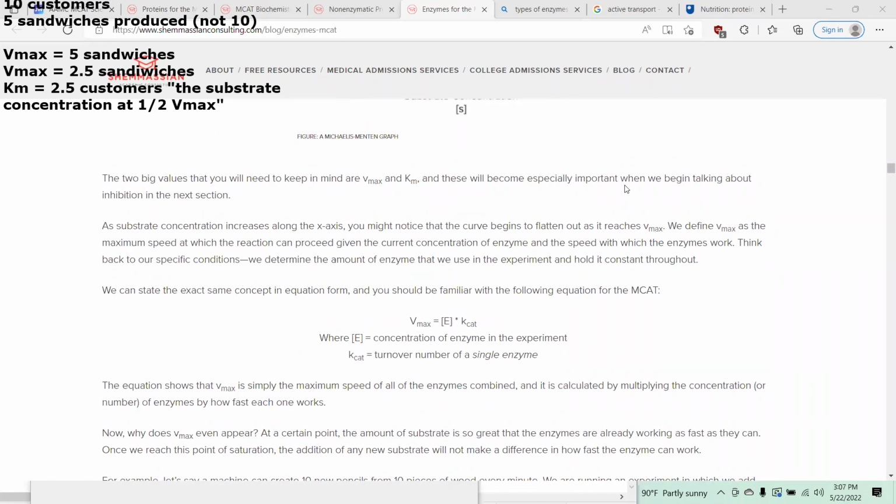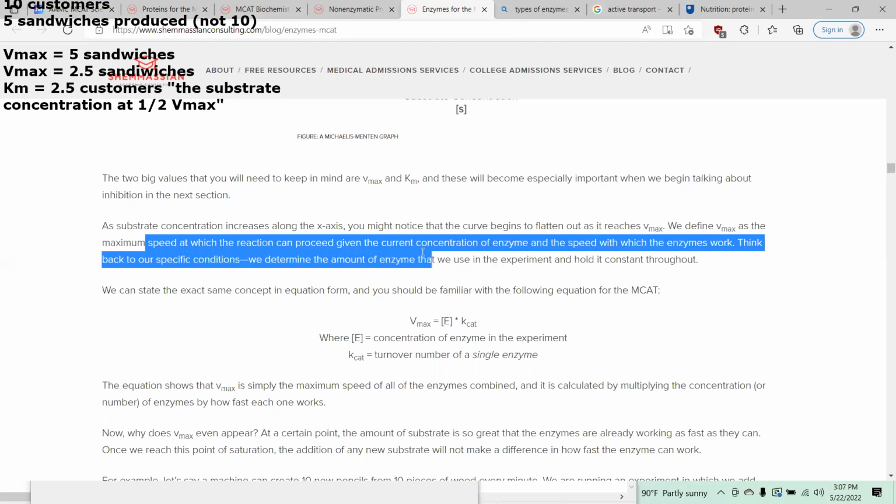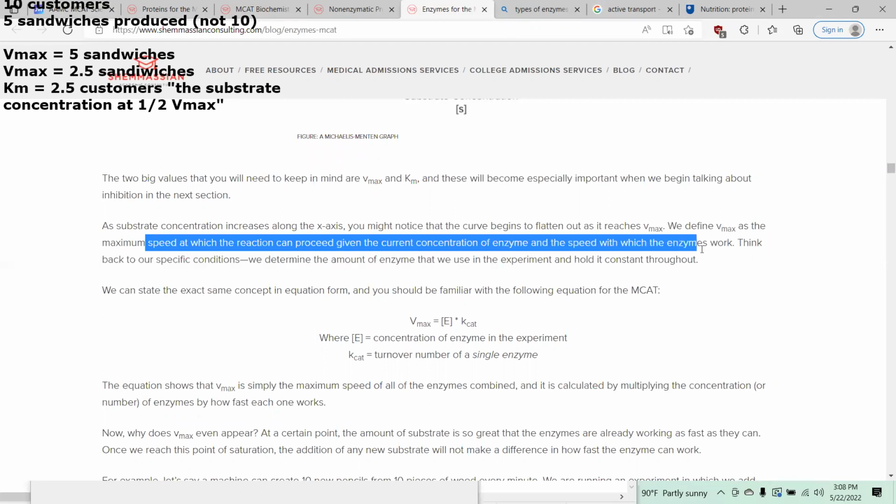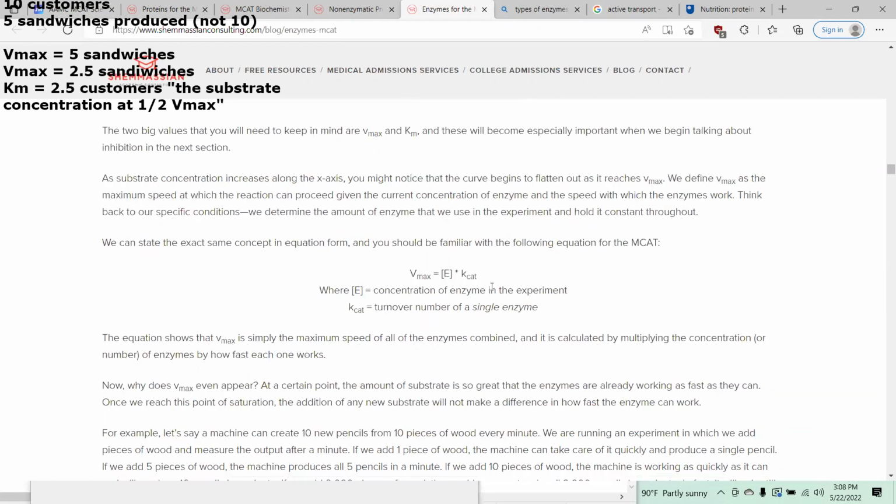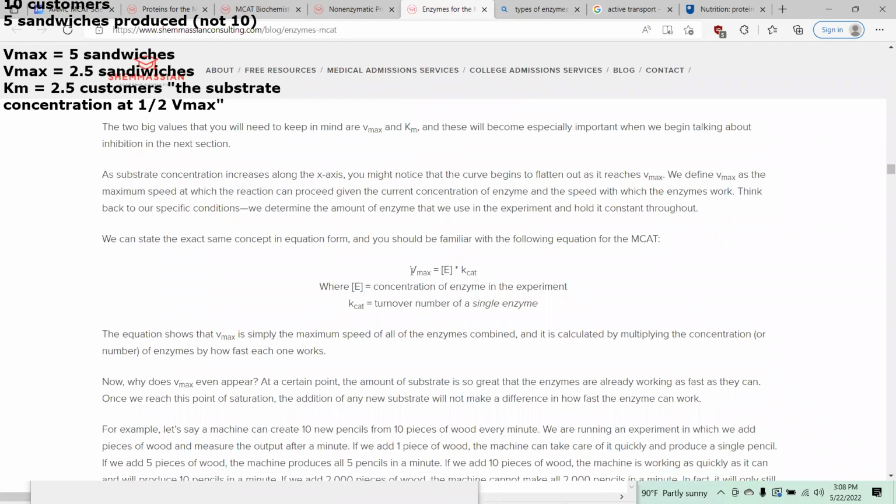Okay, so now we get into it a little bit more mathematically. How does this actually make sense? Vmax is the maximum speed that the reaction can proceed, right? The maximum amount of product that we can make, the maximum amount that the enzymes can work. Now we can represent this as an equation.